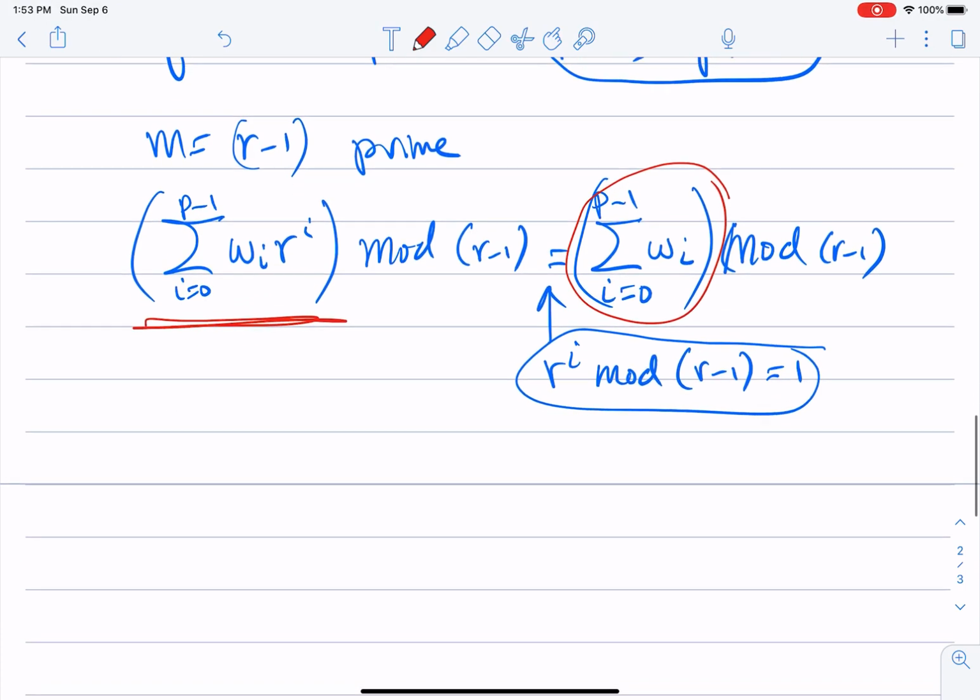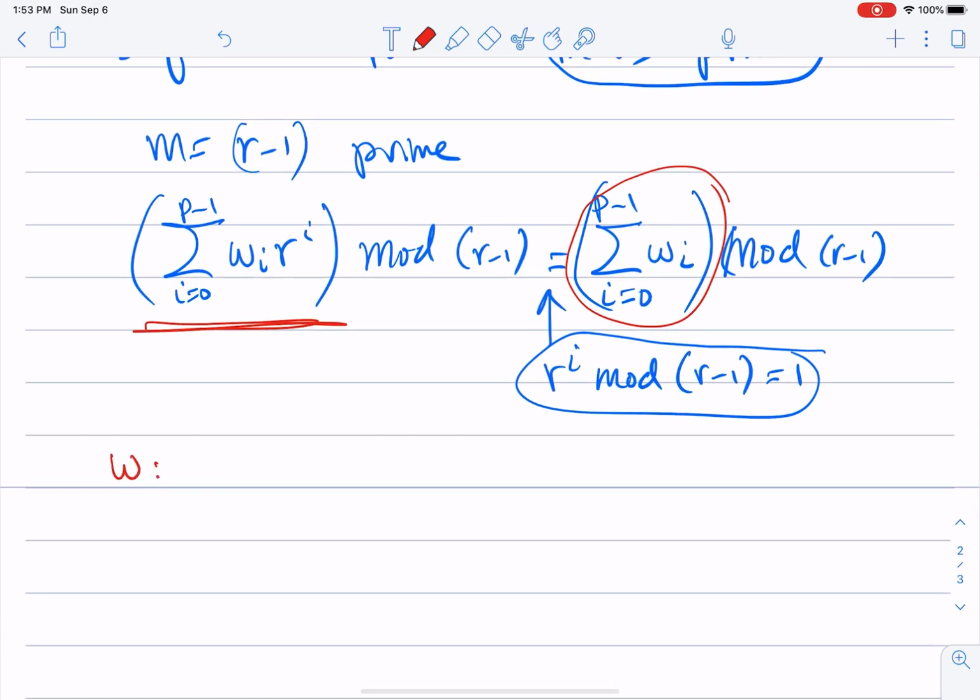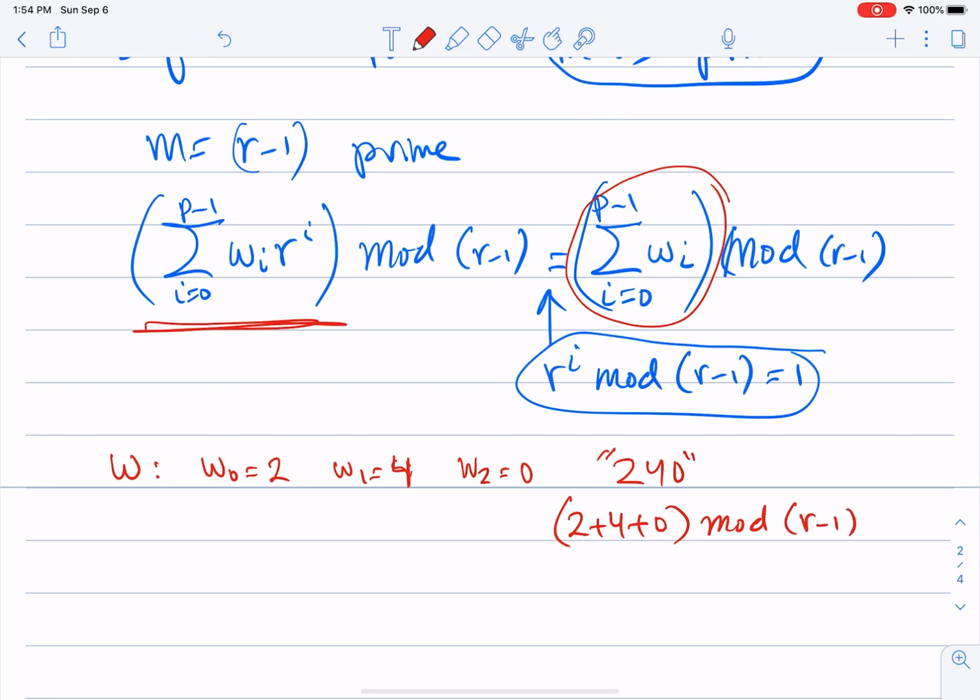So imagine your W is such that W0 is, let's say, 2, W1 is 4, and W2, let's say, is 0. So I'm talking about the string 2, 4, 0. This one is going to be mapped to 2 plus 4 plus 0 mod R minus 1.